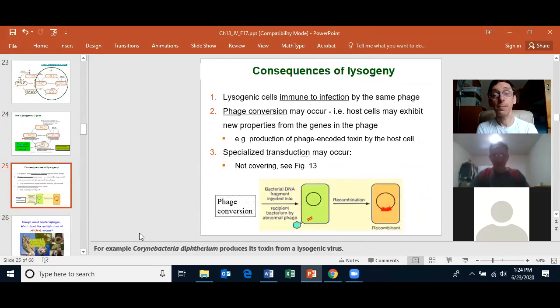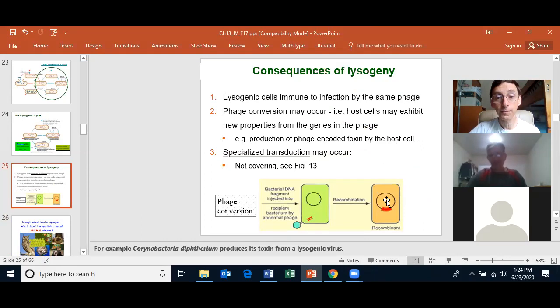There are some consequences for lysogeny. A lysogenic cell, while it has the prophage in it, meaning the viral DNA is integrated into the host cell's DNA, is immune to infection by the same species of virus.